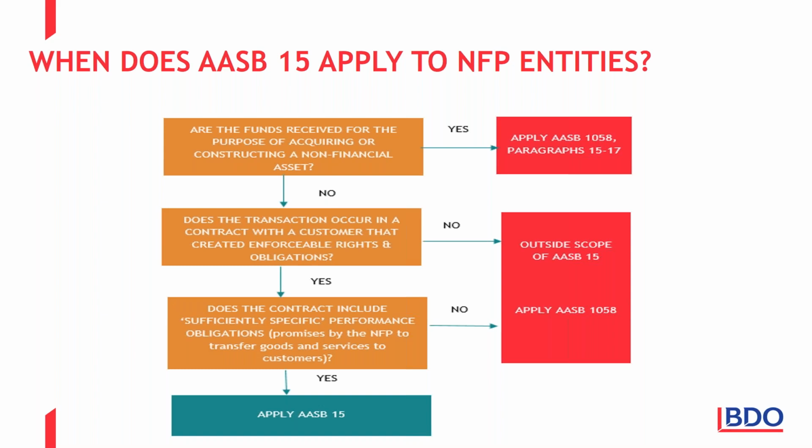One of the interpretations that I'm aware of is some people would currently say, if I receive money from a government as a government grant, and I receive the cash, and there's a requirement that I have to repay this money if I don't spend it on providing food to the homeless, as an example, then in that situation, when I receive the cash, I would debit cash and credit deferred revenue or a liability, and as I spend the money to provide food to the homeless, I would recognize the income.